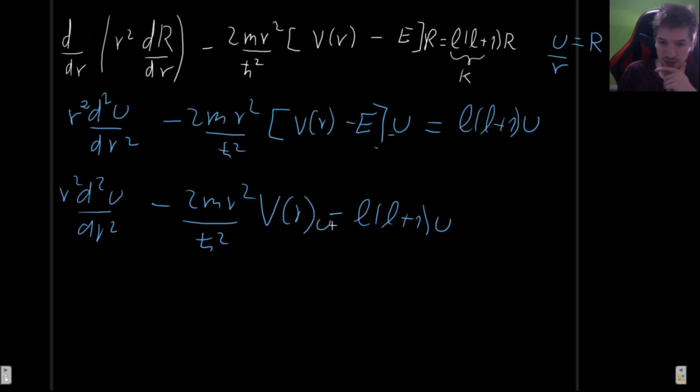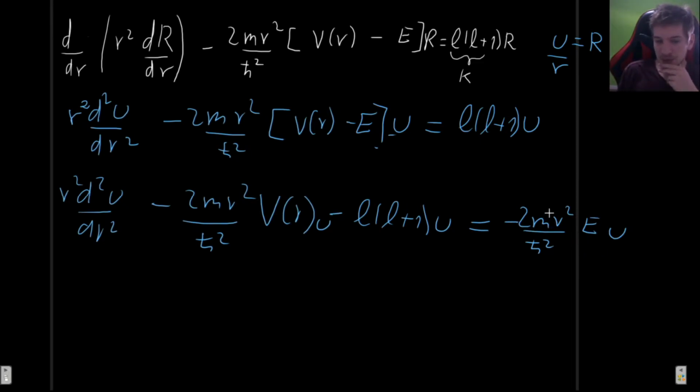Oh, this is also times u, sorry. And now this is going to be equal to, well, here we have minus, but it's positive, and we have to put it on the right hand side, so it's going to be negative. So we get minus 2m r squared over h bar squared times E times u.